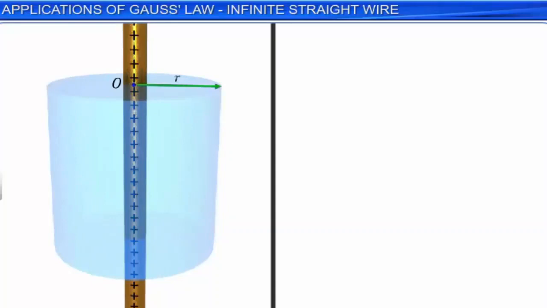Let the length of the Gaussian cylinder be L. According to Gauss' law, net flux phi through a Gaussian surface is equal to Qin by epsilon naught, where Qin is the charge enclosed within the Gaussian surface. Let this be equation 1. We know that phi is equal to integral E dot dA, where E is the electric field strength.